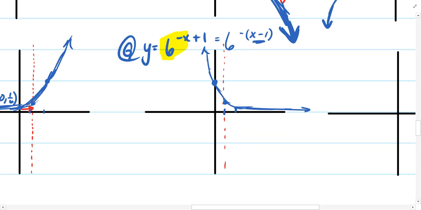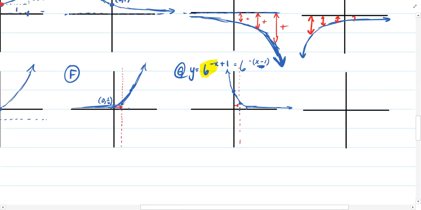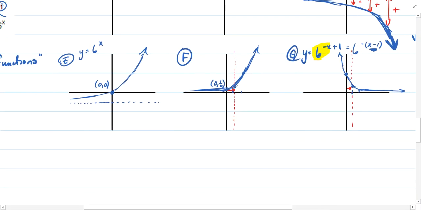And here's this subtraction of 1 that indicates our rightward shift, and this negative symbol here also previews the decay of this particular equation.